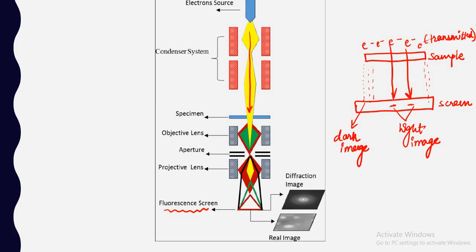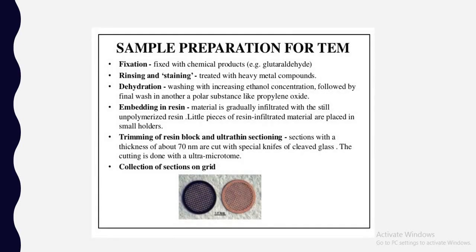Now, as I said, sample preparation plays a major role. So let's see how the sample is prepared for the transmission electron microscope. First of all, staining is done. Rinsing and staining. While staining, the sample is treated with heavy metals. The treatment requires harsh chemicals and heavy metals, and this heavy metal and harsh chemical treatment will kill the live sample.